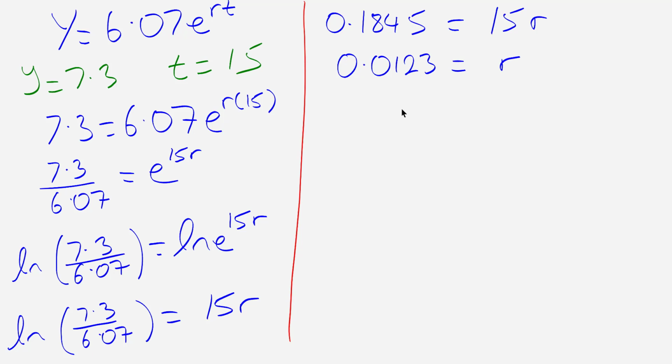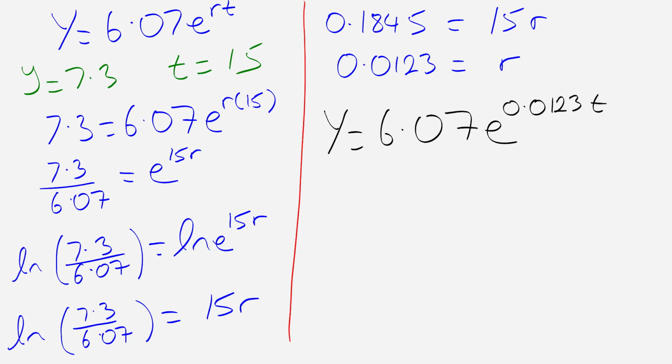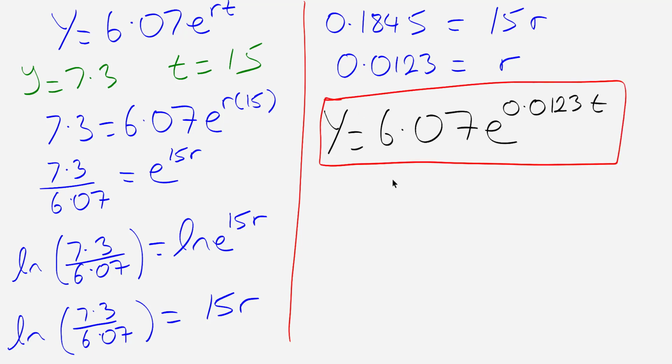So now we found our growth rate. Once we know our growth rate, we can complete the model. So the model that best describes this situation is y equals 6.07 e to the power of 0.0123t.